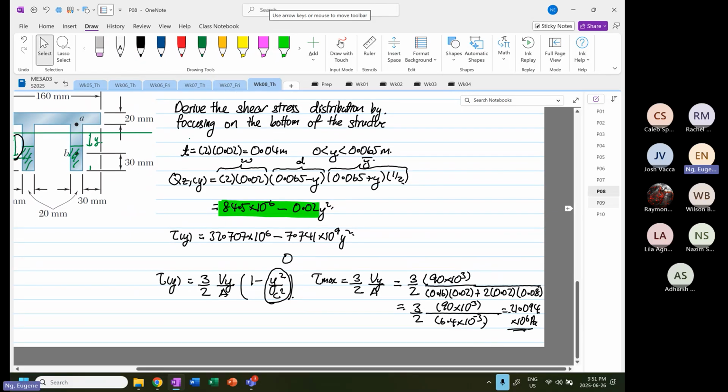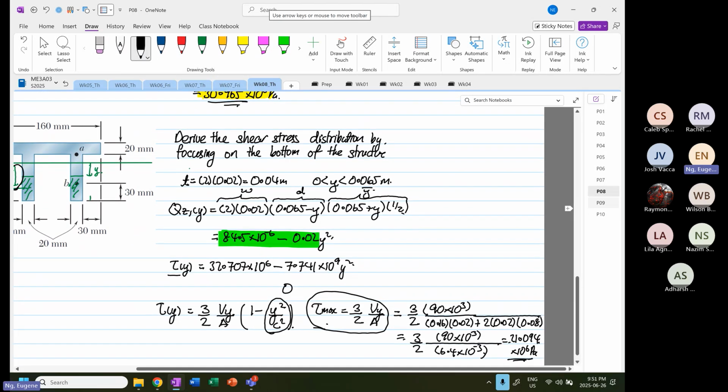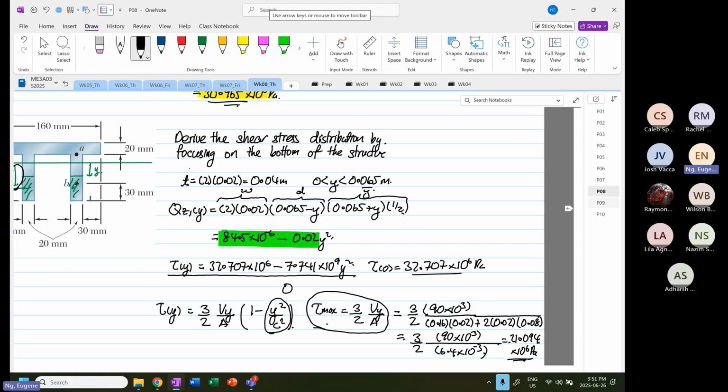Okay. Now, this is using the formula that we have derived, the 3 over 2 Vy over A. Okay. But if we use this expression over here, where when you substitute the shear stress is equal to 0, this will be equal to what? 32.707 times 10 to the power 6 Pascal.